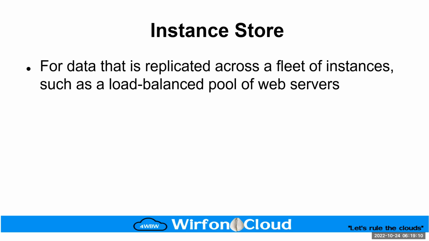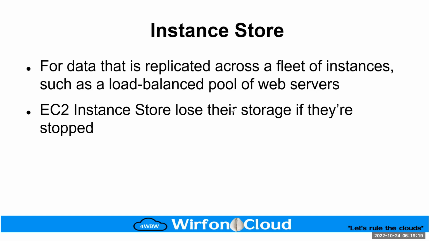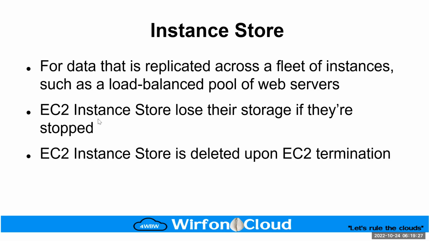You can also use it for data that is replicated across a fleet of instances, such as a load balanced pool of web servers. With the EC2 instance store, you lose the data when the instance is stopped, and it's also deleted upon EC2 termination.